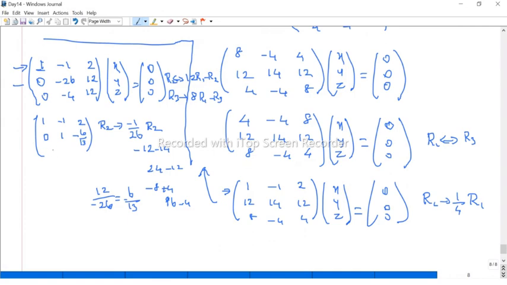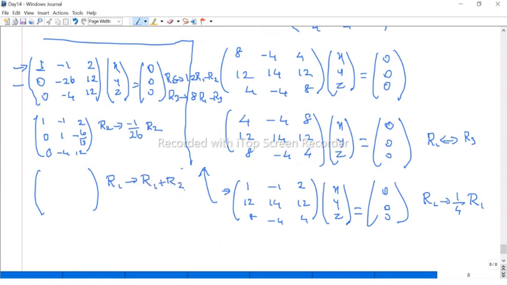Now, keep the third row, 0, minus 4, 12. Now again, we have to make the elements above this element 0. So therefore, just replace the first row by adding the first row and the second row.